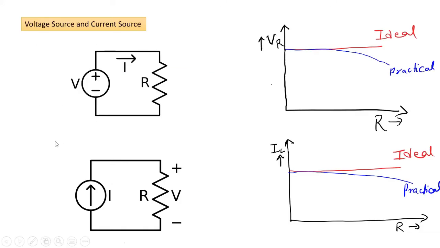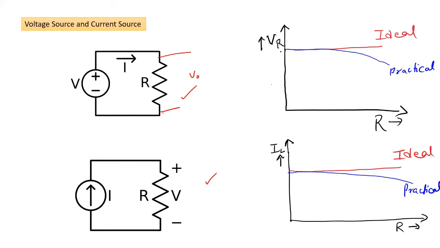We have two types of energy sources, voltage source and current source. What is the difference between them? Here you can see the first one is a voltage source, and this is my current source. In a voltage source, I will always have a fixed, constant voltage. Whatever voltage is at the input will appear at the output also.